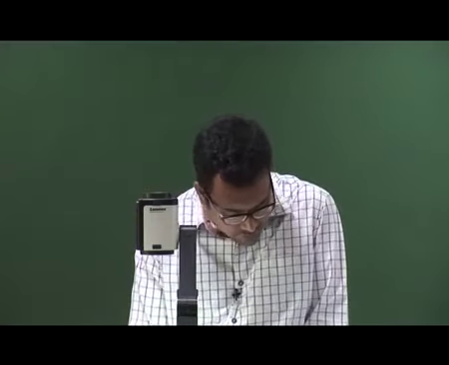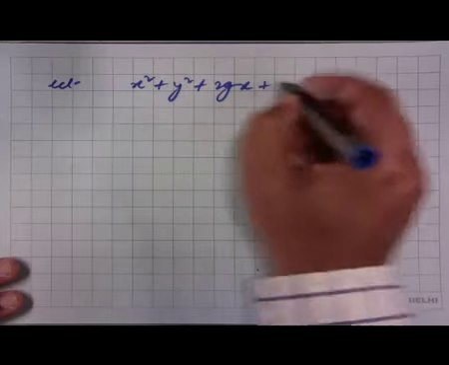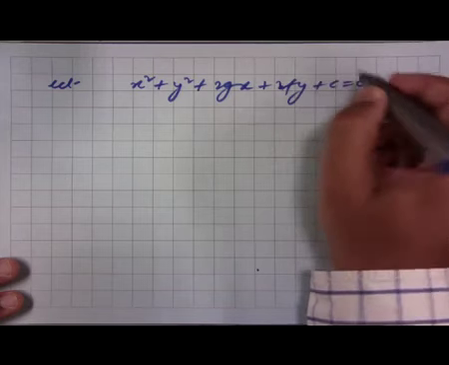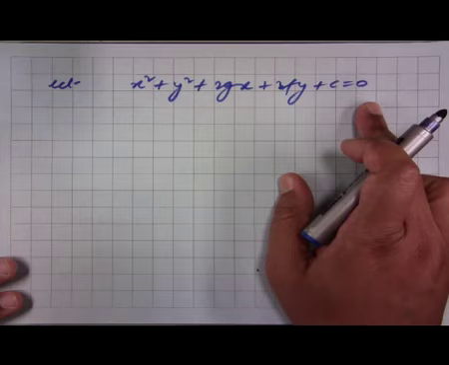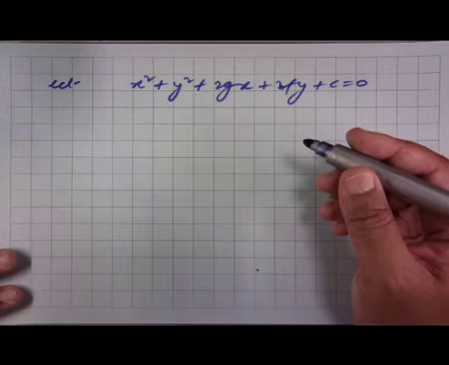So, let x square plus y square plus 2 g x plus 2 f y plus c equal to 0 be the general equation of the circle, and it is said that the circle touches the x axis at a distance of 3 units from the origin.